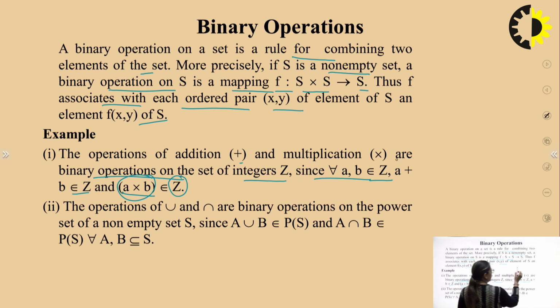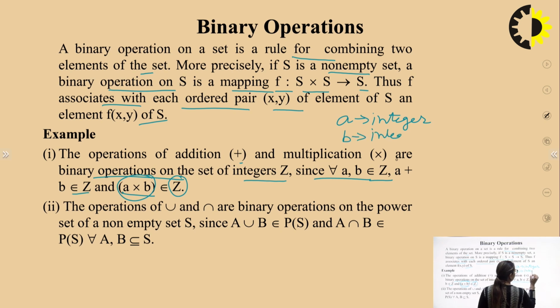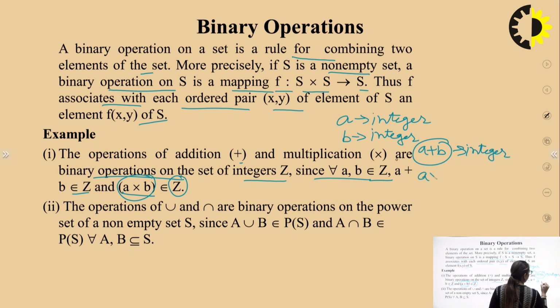They want to say if a is an integer, b is also an integer, then a plus b will also be an integer and a cross b will also be an integer.